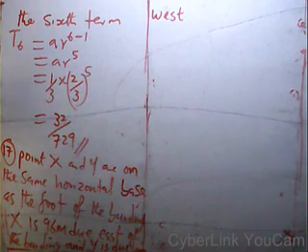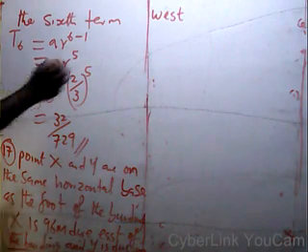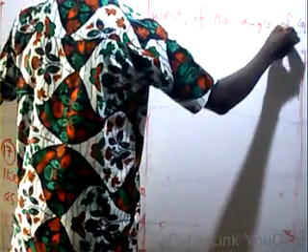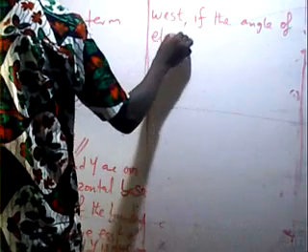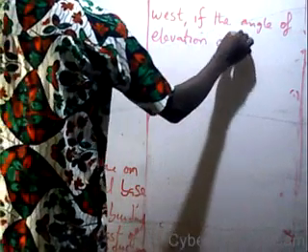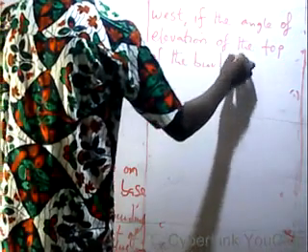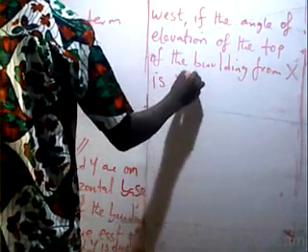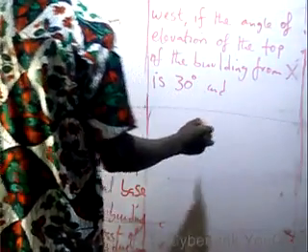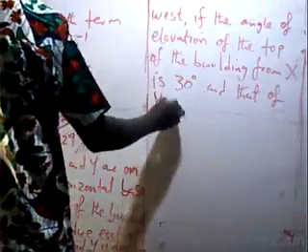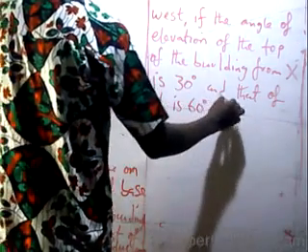If the angle of elevation of the top of the building from X is 30 degrees, that of Y is 60 degrees.